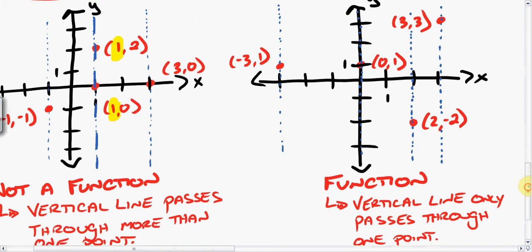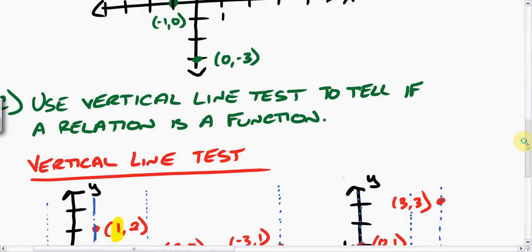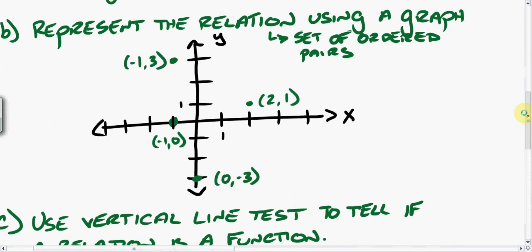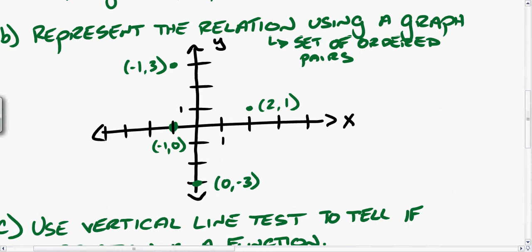So knowing that, let's go back to our problem up here and use our vertical line test. We'll draw a line through each point. If we draw a line through this point, we can see that vertical line only passes through one point. Here, the vertical line only passes through one point.